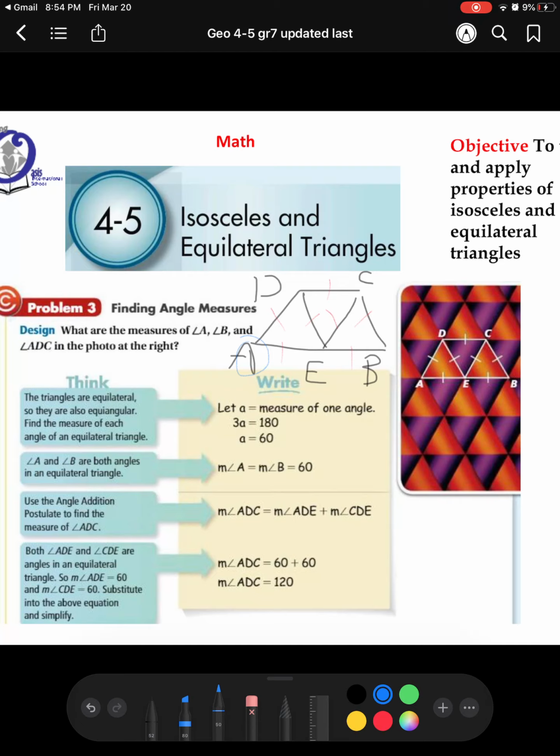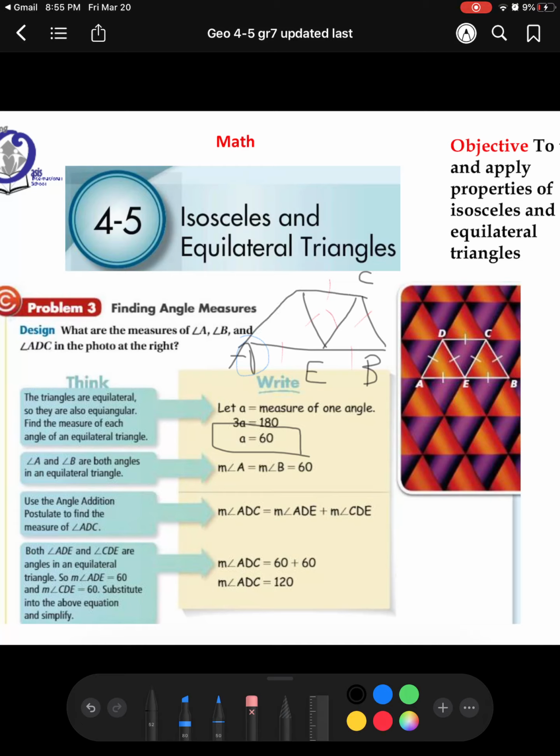So if I assume that this is A, or the measure X, whatever you want to use, you will divide 180 over 3 to get that A equals 60.